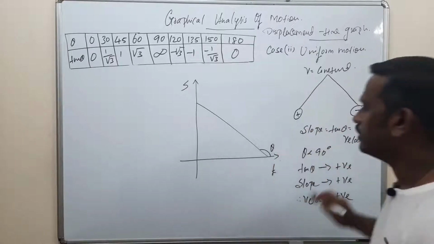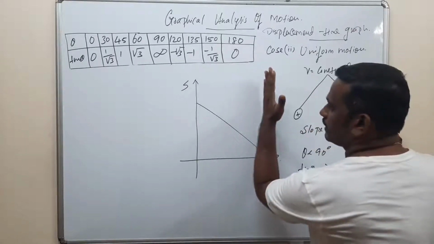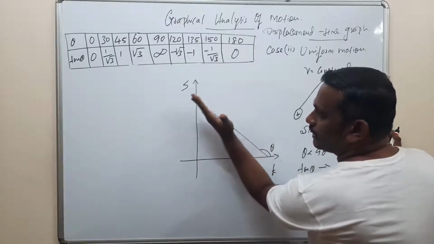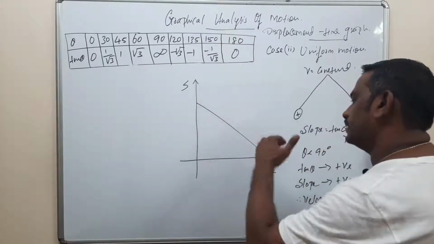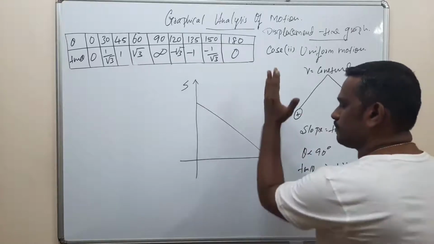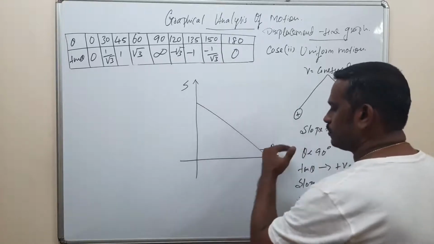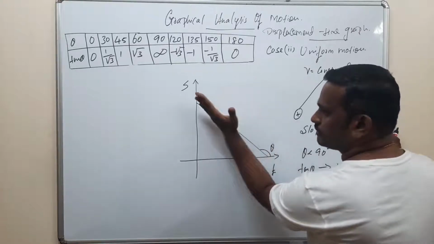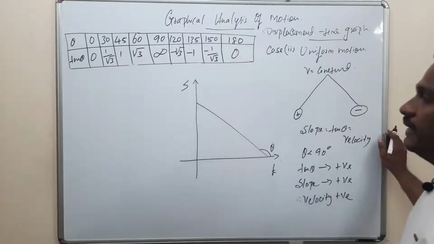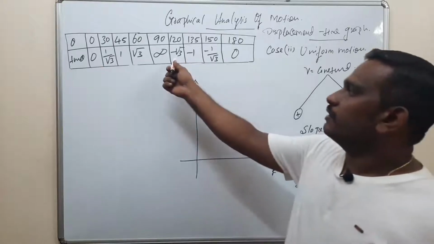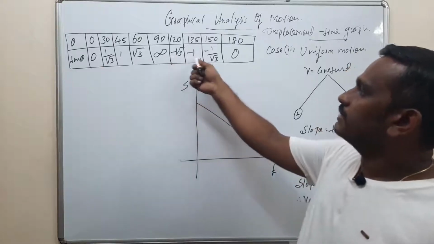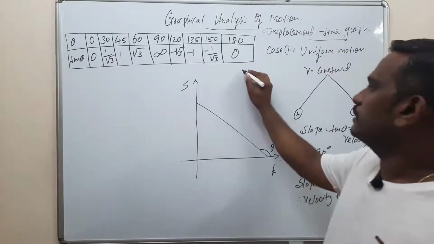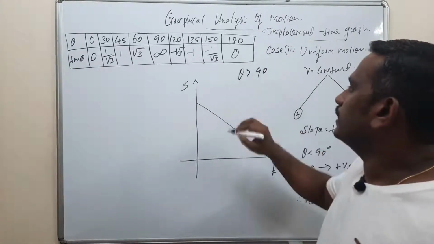Theta: this is 90 degrees, and when it goes like this, the angle is greater than 90 degrees. Horizontal is slope 0, and increasing it comes to 90 degrees, then greater than 90. So the theta values are greater than 90 degrees, which means negative.